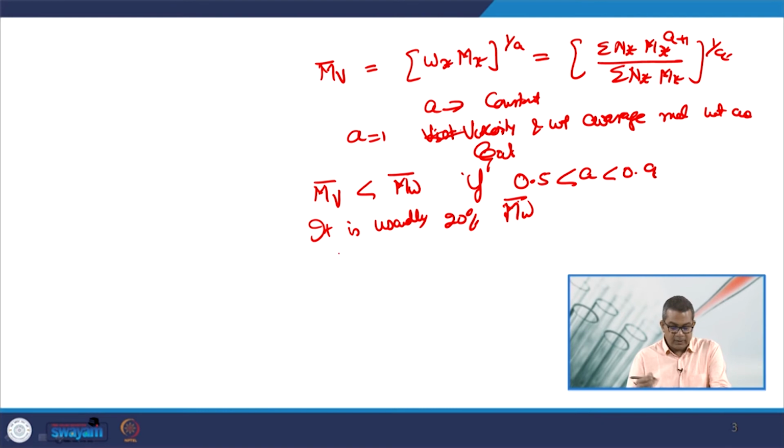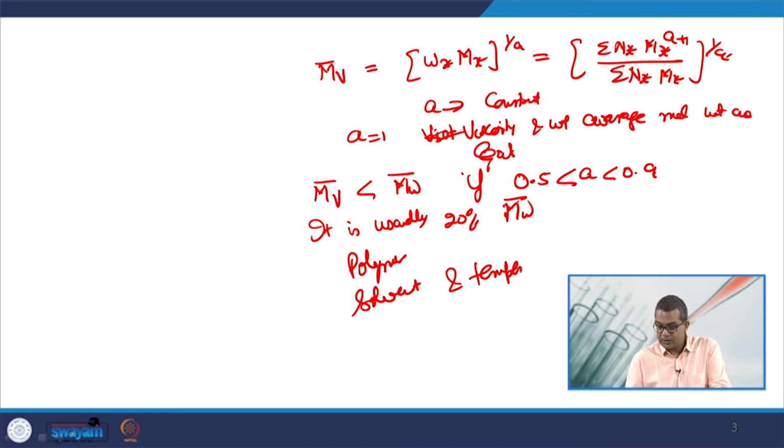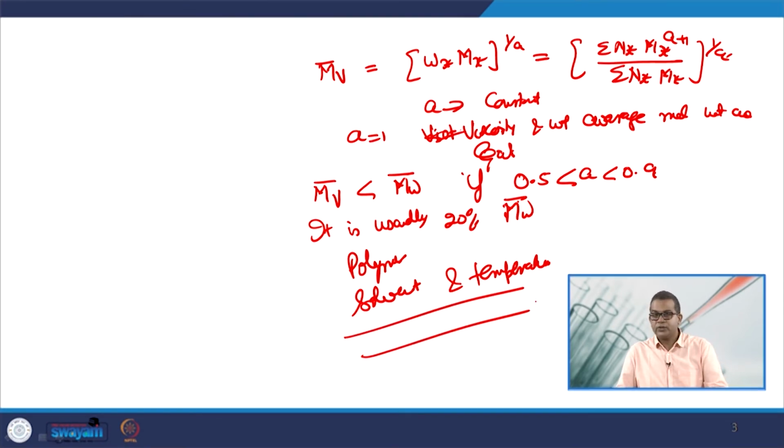So, the controlling parameters for this viscosity average molecular weight are the polymer, solvent and temperature. These are the governing factors for this viscosity average molecular weight.